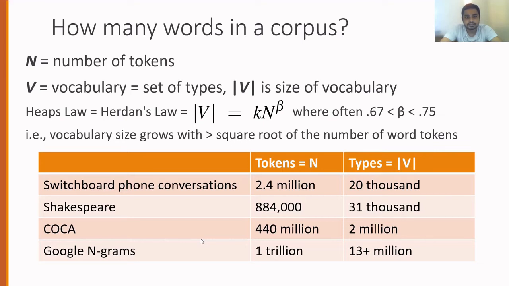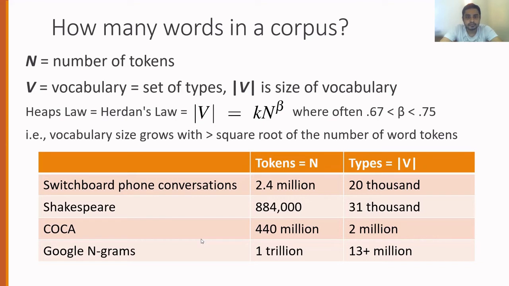Shakespeare is a quite small corpus. He wrote 800,000 words in his lifetime. And in that less than a million words, he actually used 31,000 distinct words. So he had a very, very broad vocabulary famously.